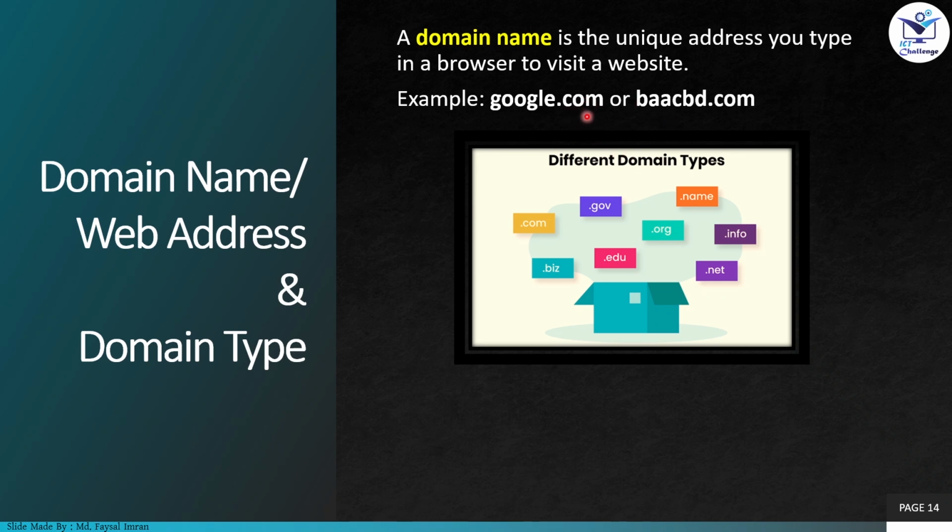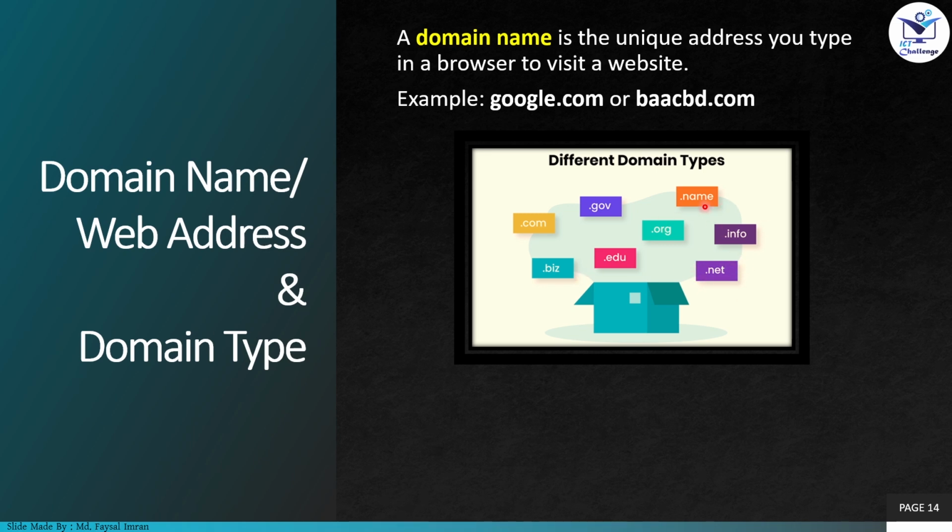So we also have a domain type. All the websites are not the same. They have different websites for different purposes. Like if you use a website for commercial purposes, then you have to use .com. .com is a commercial website. .gov is a government website. .org is an organizational website. .info means information. Websites which provide information actually use .info. .edu means an educational website. .net is an internet provider organization here.